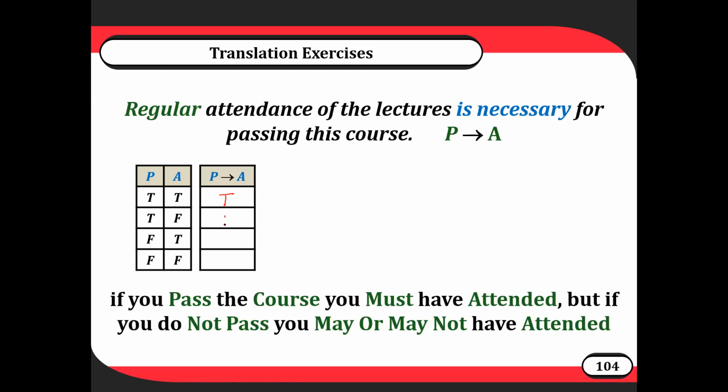Here I've passed the course, but I didn't attend all the lectures, so that's false. And here I didn't pass the course, so maybe I attended the lectures and maybe I didn't, but it doesn't matter. So if I passed the course, I must have attended, but if I didn't pass, then I may or may not have attended. It doesn't matter. So if I didn't pass here, then this can be either true or false, it doesn't matter.